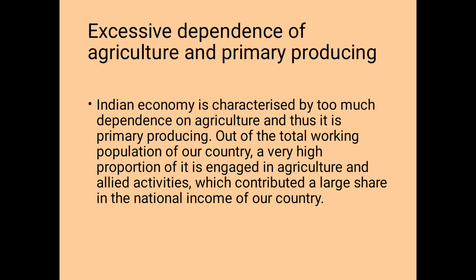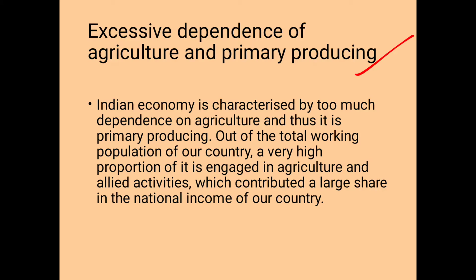Then, dependence on agriculture and primary production. We are more dependent on agriculture than other sectors. The Indian economy is characterized by too much dependence on agriculture, and thus it is primary producing.